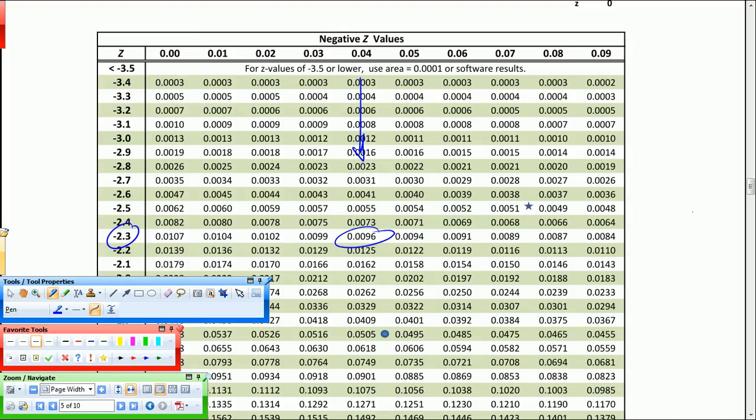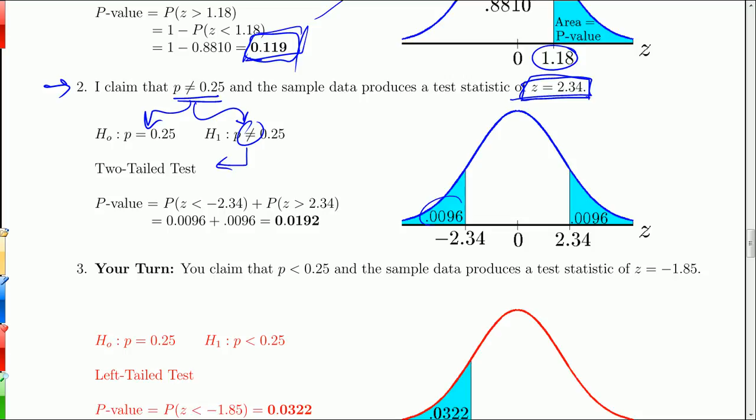But that's in just the one tail, right here. So this one by symmetry has the same area, so I double that and I get 0.0192. So this describes the extremeness of this test statistic in a two-tailed sense.